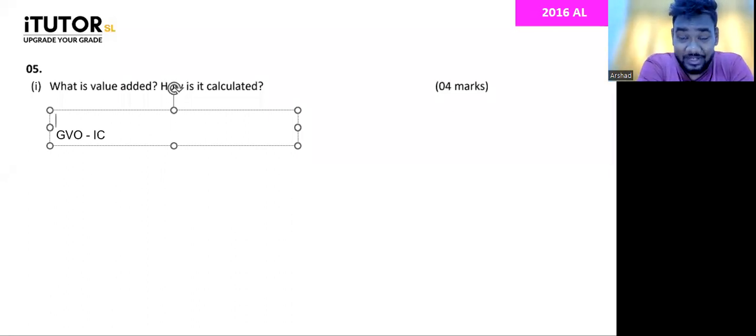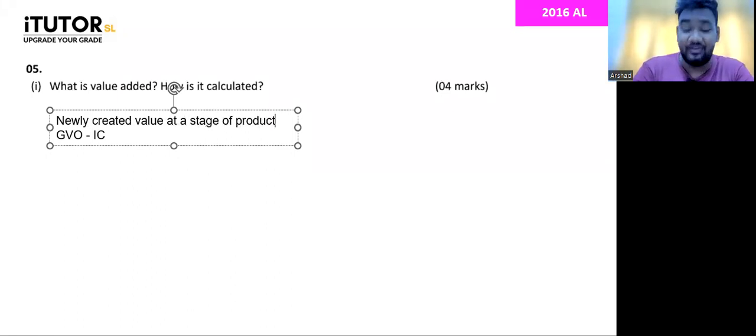There are so many different ways of putting it. You can say it's the newly created value at a stage of production. For example, if I get cotton and convert it into cloth, I've done a value addition there.